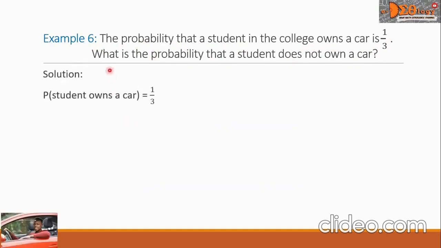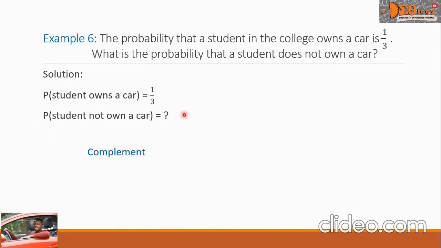First, let us acknowledge that the probability that a student owns a car is 1/3. The problem is asking about the probability that the student does not own a car. Take note that these two events are complements of each other.